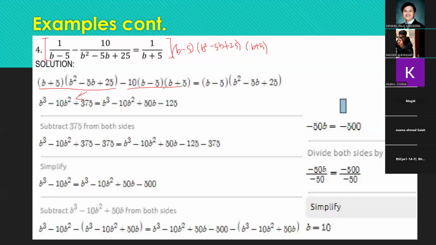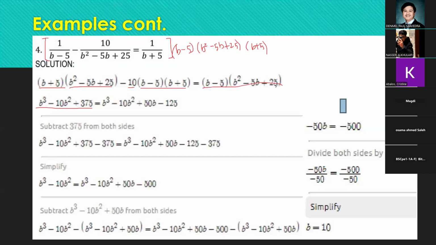Multiplying this will give us, wait, let me just check, b cubed. So it seems that it multiplied this to this, and then this to this, and then simplifying that one. After simplifying and adding similar terms, you will have b cubed minus 10b squared plus 375.